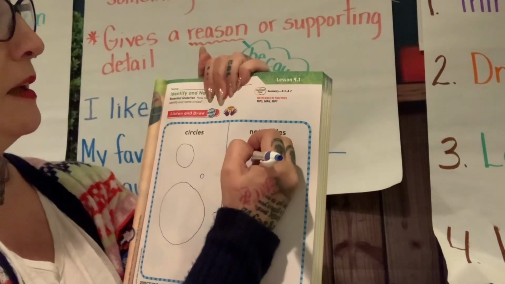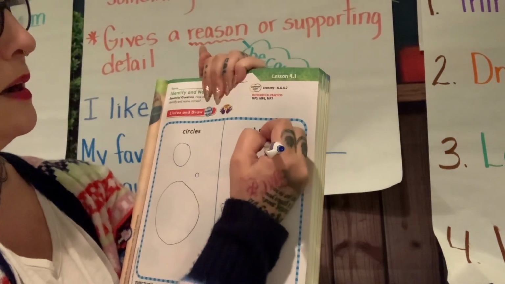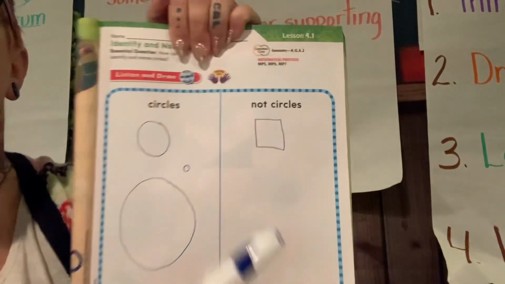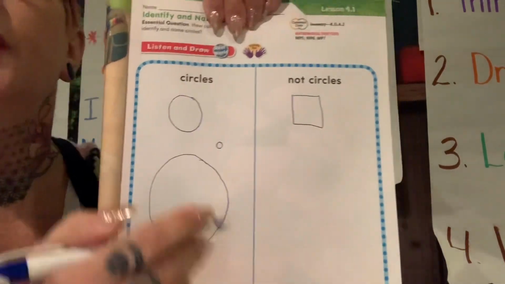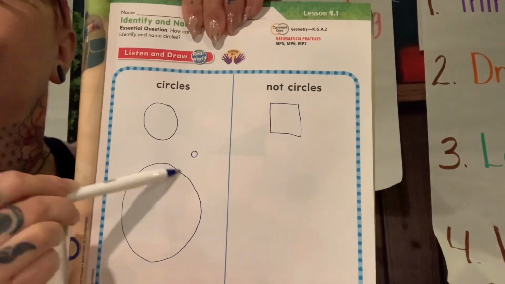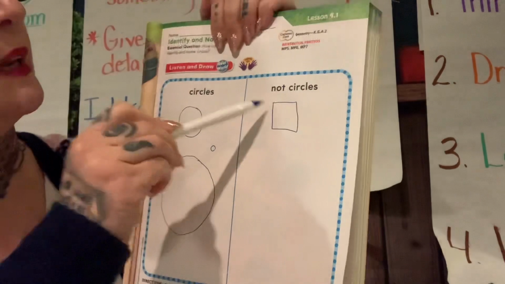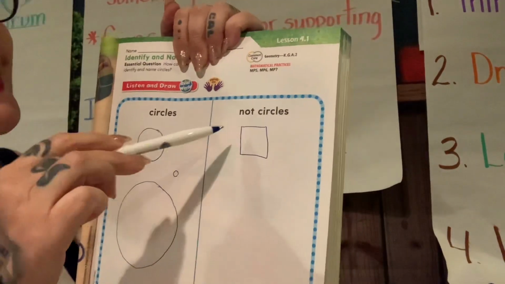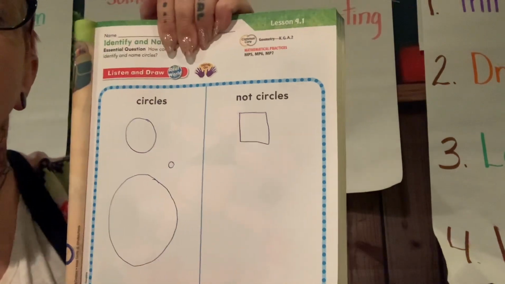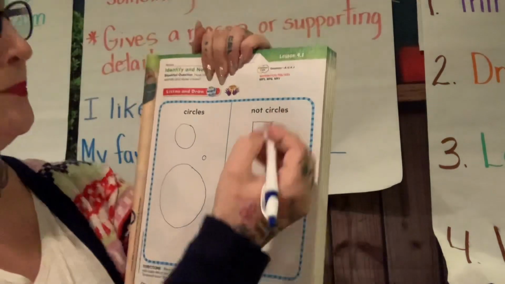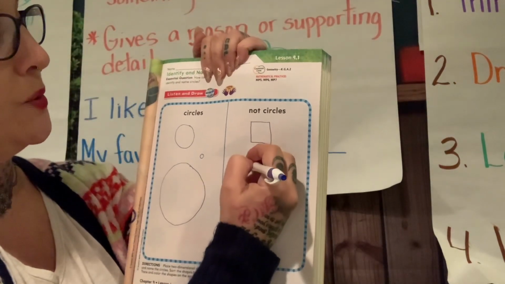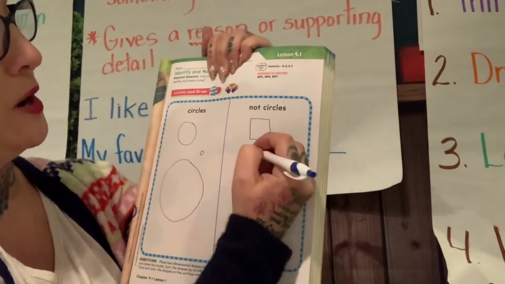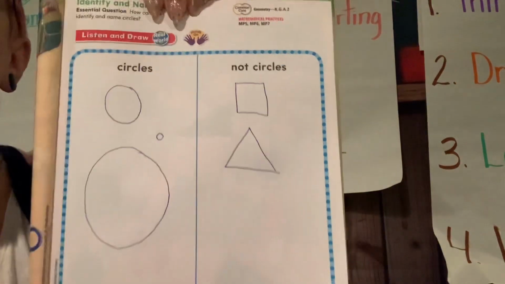Okay, now if we're going to draw something like a square, you can tell right away that this looks different from our circle because number one, it doesn't have any curved lines. It has straight lines and it even has corners and it has sides. Okay, so that is not a circle. We could do a triangle shape.